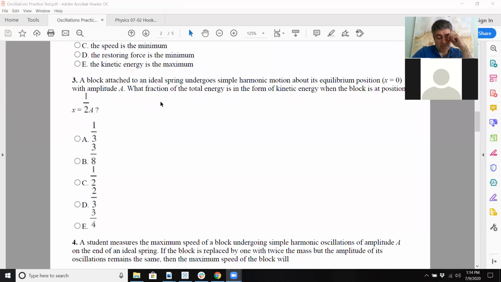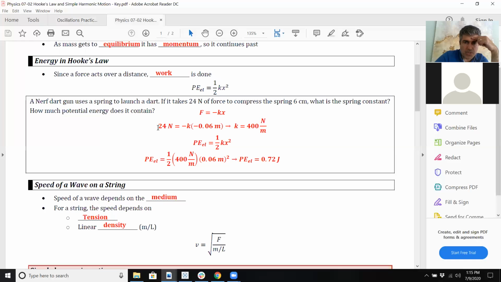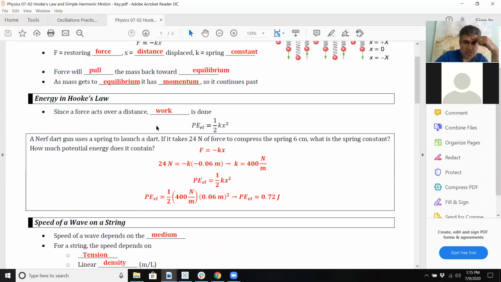Okay, now let's take a look at 3. A block attached to an ideal spring undergoes simple harmonic motion about its equilibrium position x equals 0 with amplitude A. What fractional energy is in the form of kinetic energy in the block at position x equals half of A? Okay, so let's take a look at our potential energy, which is 1/2 kx squared.